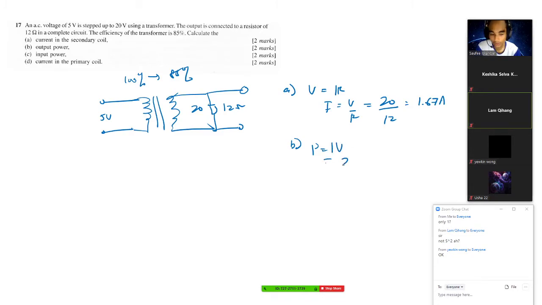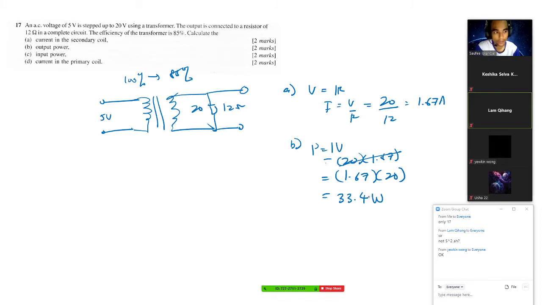So equals to 20 times 1.67. So you have power will be 33.4 watt.